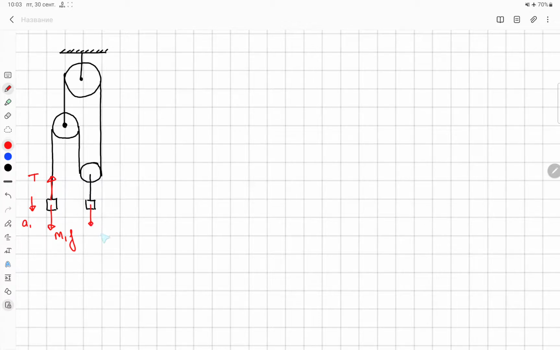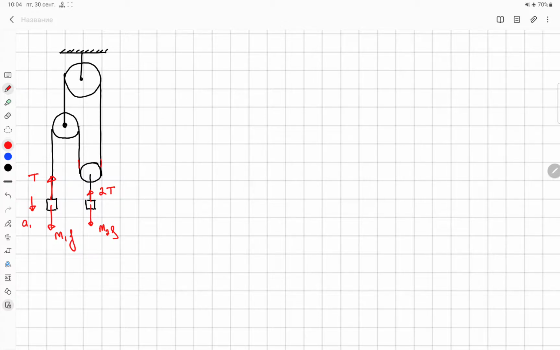Second object, m2g, here we have a tension, it means here we have a 2T. And we don't know in what direction this m2 moves, and we don't need to guess because numbers are not given.